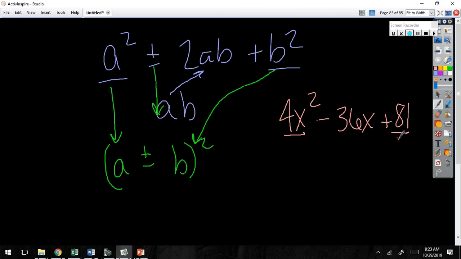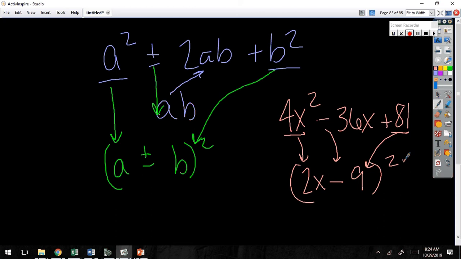What's the square root of 81? 9. 2 times 9 doubled is 36. So yes, it's a perfect square trinomial. So to factor it, I would do 2x minus 9 squared. So the process of completing the square takes something that's not a perfect square trinomial and forces it to be a perfect square trinomial.